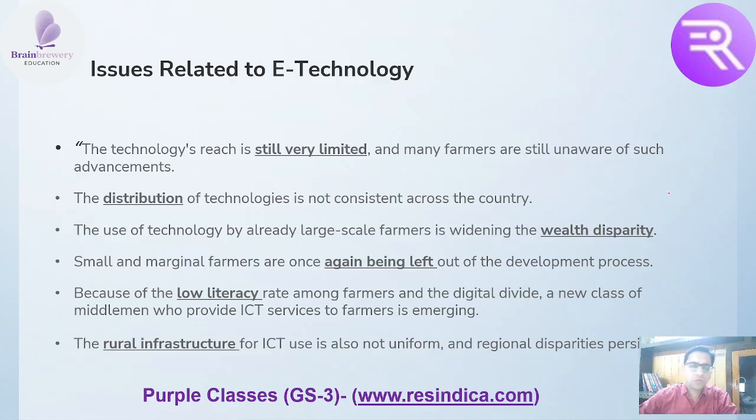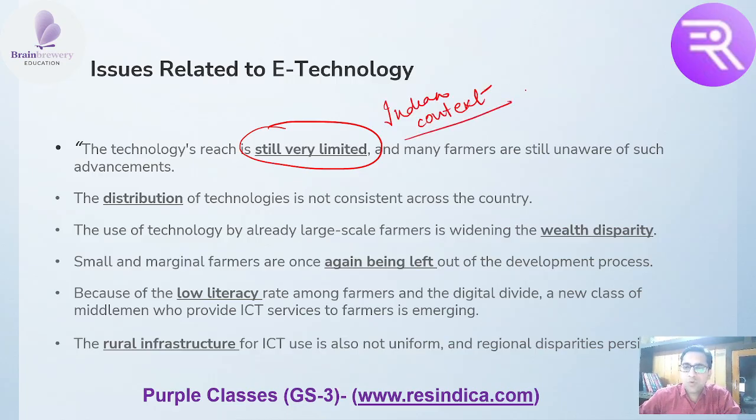So we came to know about the benefits of e-technologies and how we utilize them, but there are still some issues in their utilization. First of all, if we look at the Indian context, the uptake of technologies is very minimal.